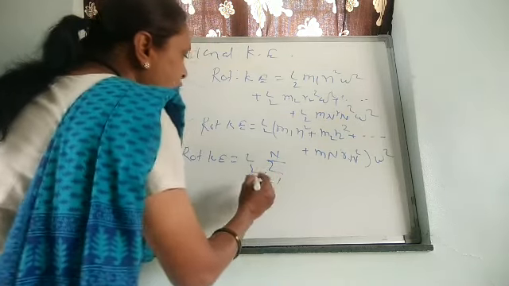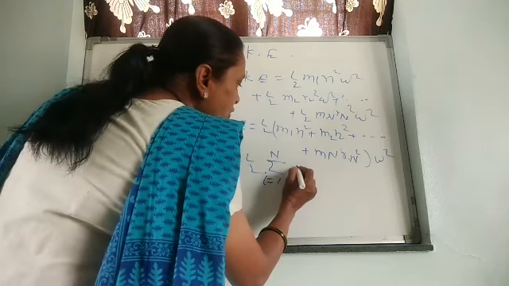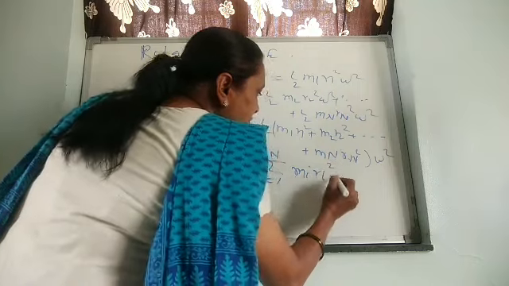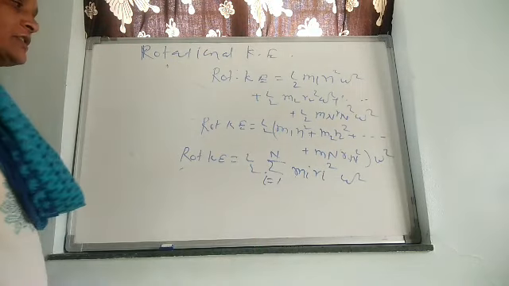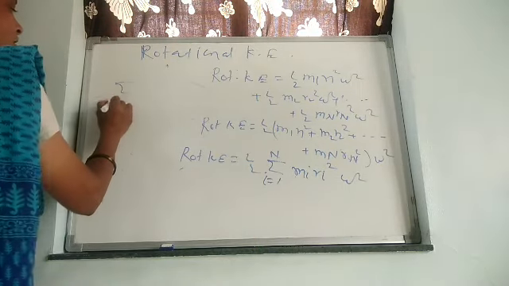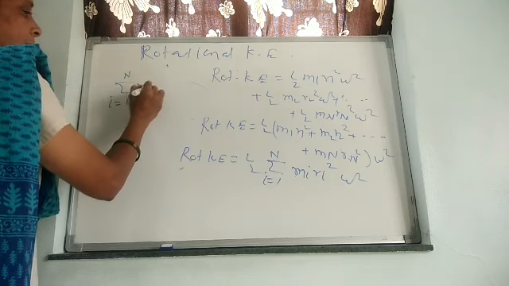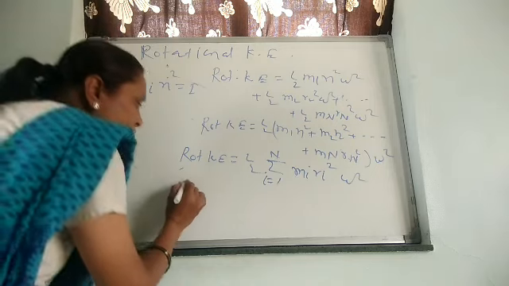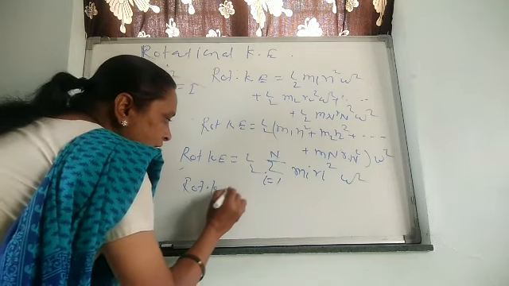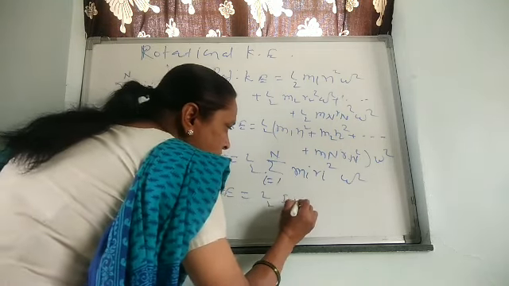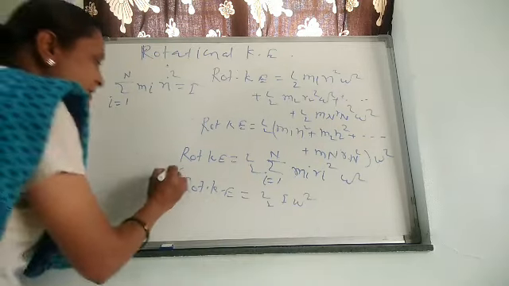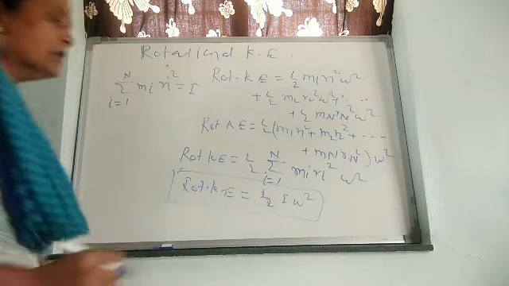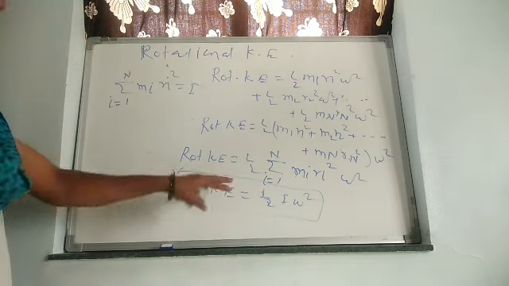That will be equal to 1/2 summation i from 1 to n of mi Ri square, times omega square. And this term, summation i from 1 to n of mi Ri square, is equal to I, and therefore rotational kinetic energy is equal to 1/2 I omega square. This is the expression for rotational kinetic energy.